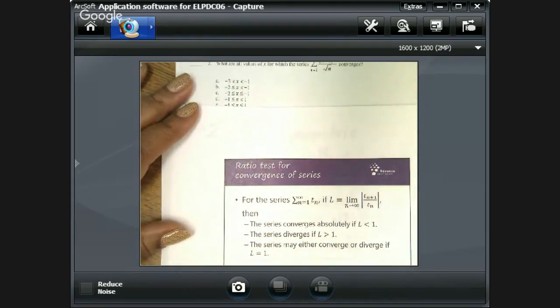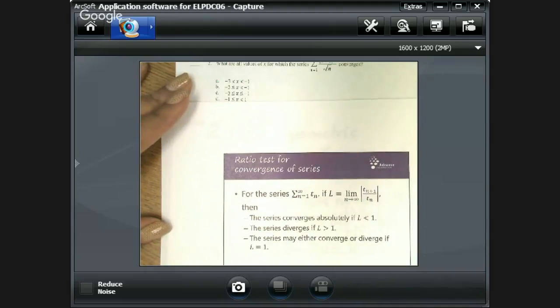If the limit as n goes to infinity of the n plus first term divided by the nth term is less than 1, the series converges. The series diverges if that limit is greater than 1, and it can either converge or diverge if that limit is equal to 1.